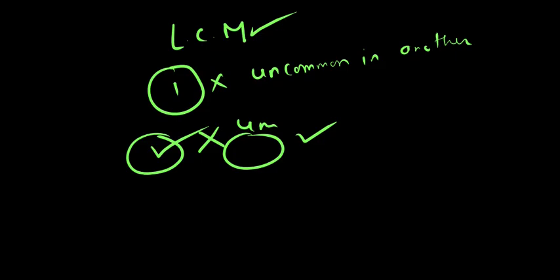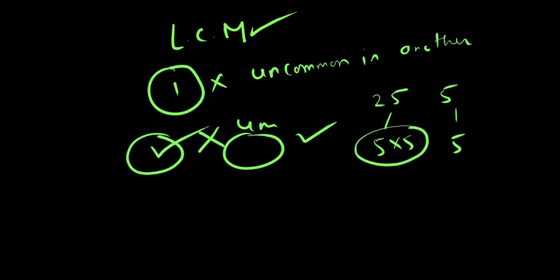What if the first number is 25 and the second is 5? 25 is 5 into 5. This is just 5. If you take 5 square, 25, multiplied with the uncommon, there is no uncommon because here 5 is common. So there is no uncommon, so you don't need to multiply here.